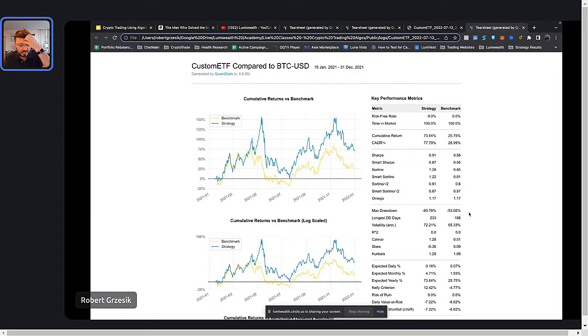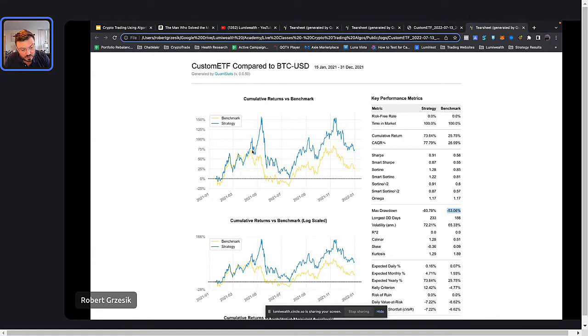So here, not only are we making 77% returns versus the 27, but we're also doing it without taking on crazy risk. Bitcoin's biggest crash, its max drawdown from the peak to the bottom in 2021, was 53%.